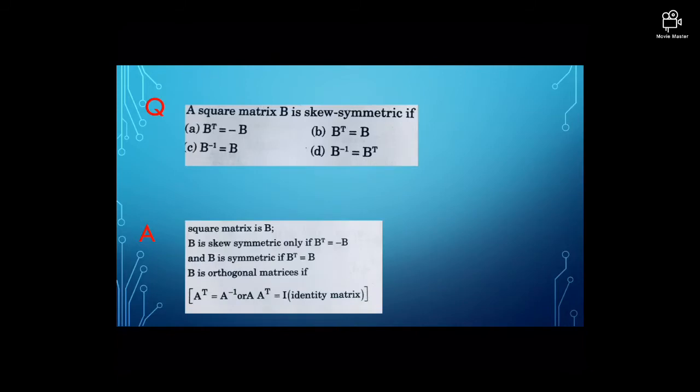Next is a square matrix B. A square matrix B is skew symmetric if. So we have to be thorough with these things, like what is a symmetric matrix, what is a skew symmetric matrix, what is an orthogonal matrix.